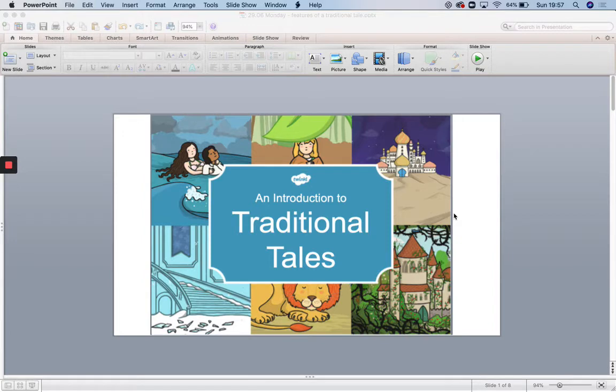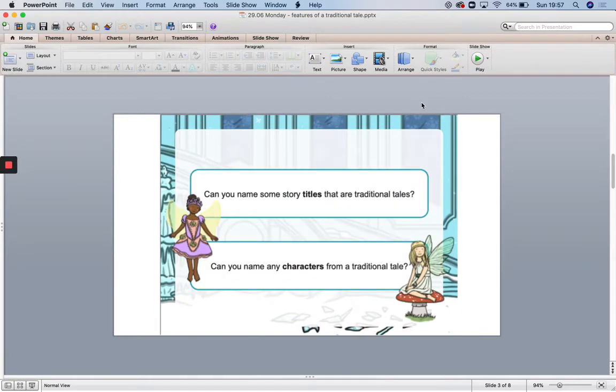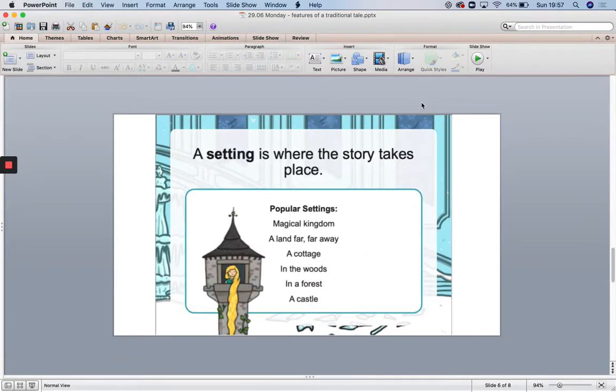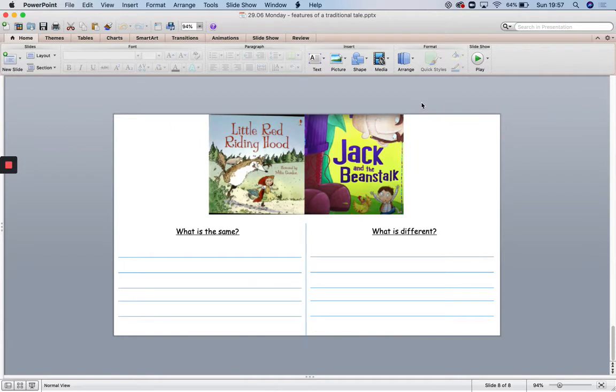So Monday's lesson this week, Monday the 29th, we will be looking at the features of a traditional tale. There's a PowerPoint for you to work your way through. Just reading what it is, a few questions to answer, things to think about, and then a little comparison between the story of Little Red Riding Hood and the story of Jack and the Beanstalk.